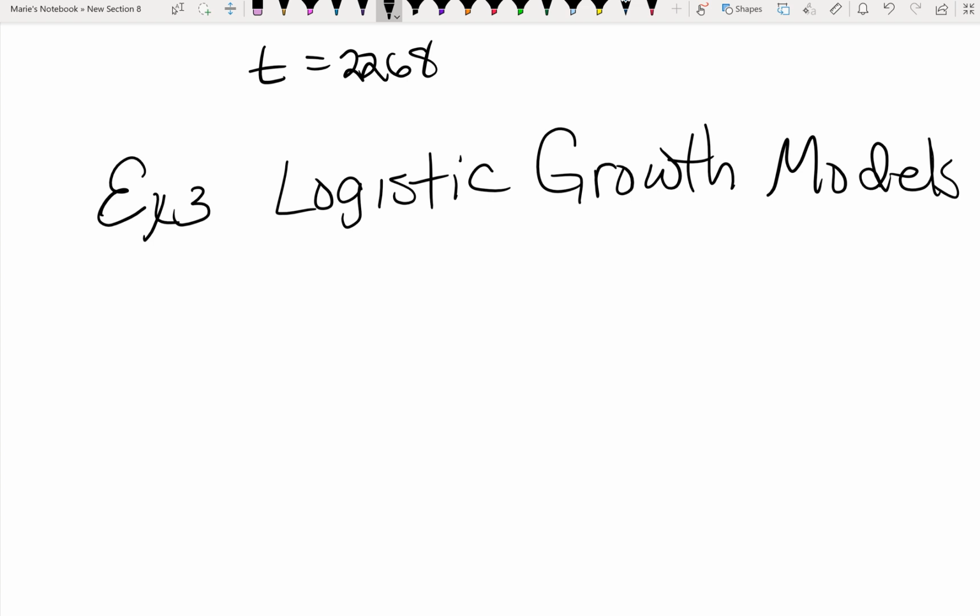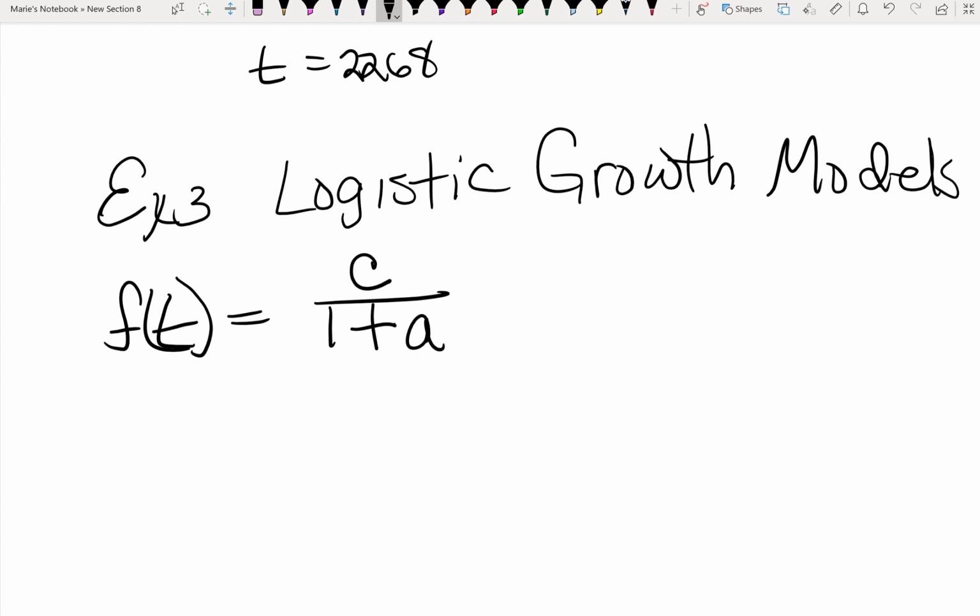The two formulas that you are going to need to learn really well are the two that I'm going to put right here, where you have f of t is equal to c over 1 plus a times e raised to the negative bt.